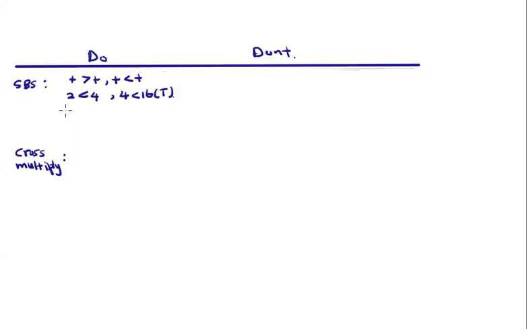We can always square both sides if both sides are positive. One more example, modulus x plus 1 is less than modulus 3x minus 2. Since both sides are positive, we can always square both sides.